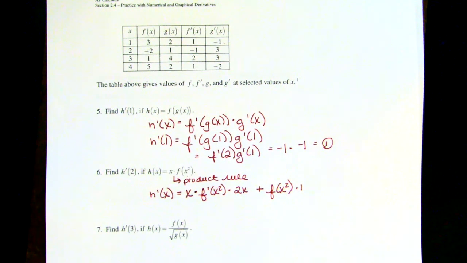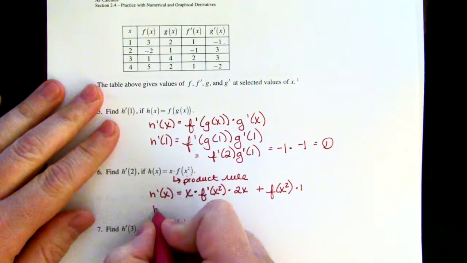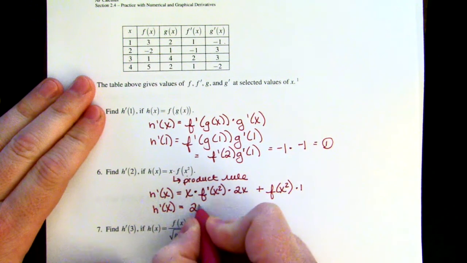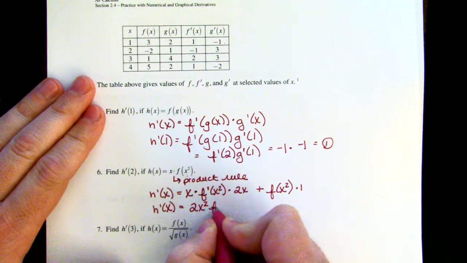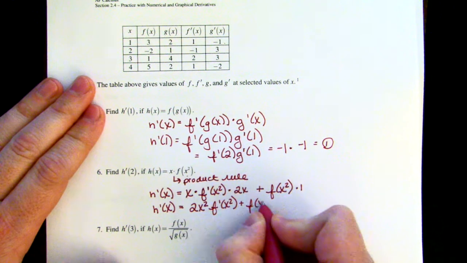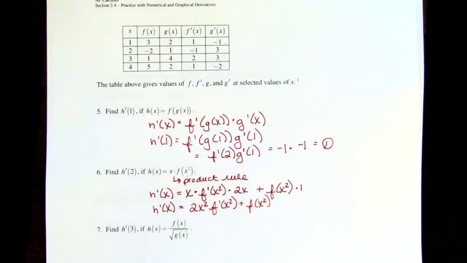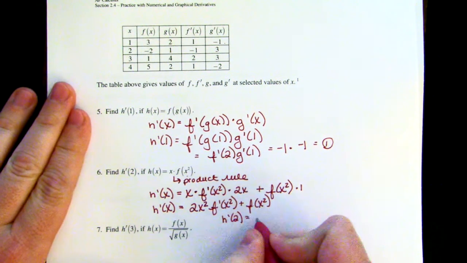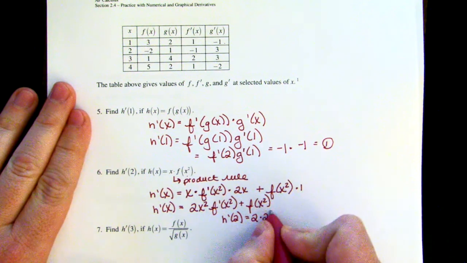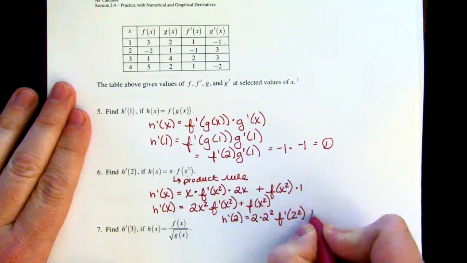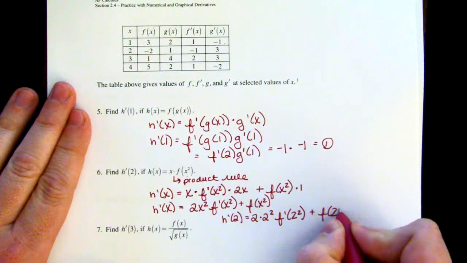Let me clean this up, and then we'll go plug into it. H prime of x is going to equal, let me call this 2x squared times f prime of x squared plus f of x squared. I think I needed to give you a little more room in this problem. I want to find h prime of 2, which means 2 times 2 squared times f prime of 2 squared plus f of 2 squared.